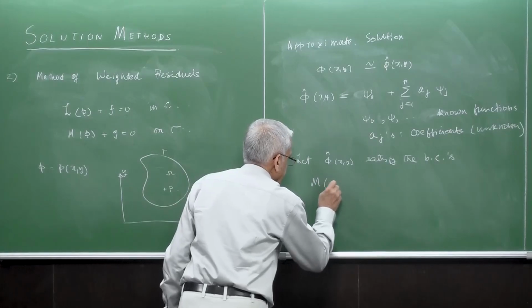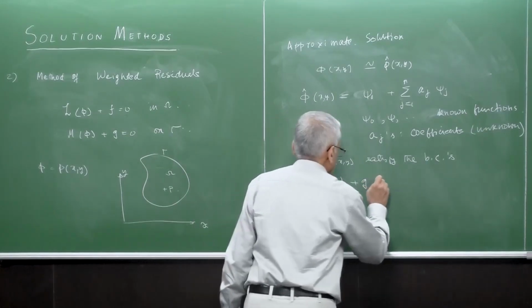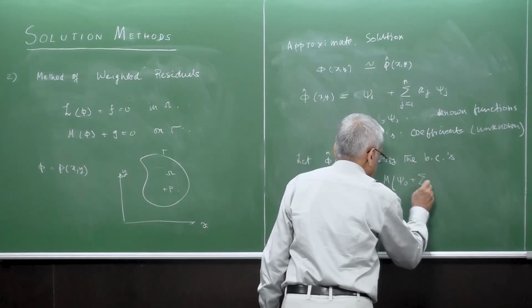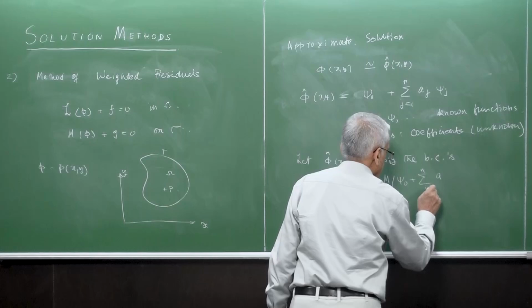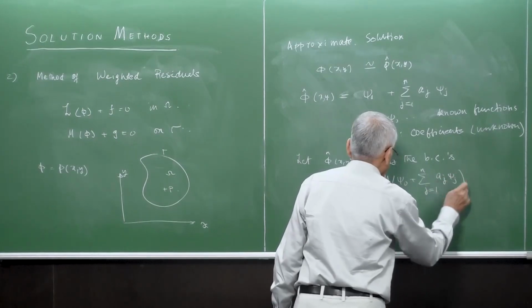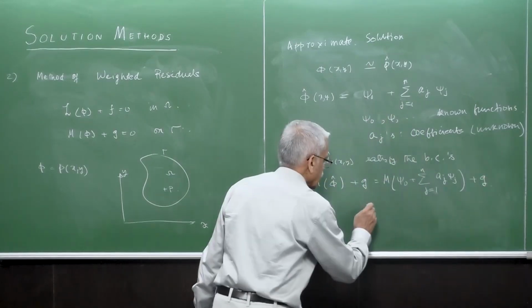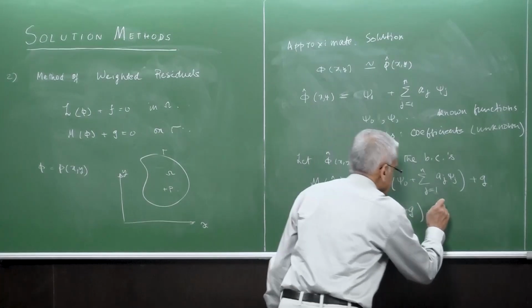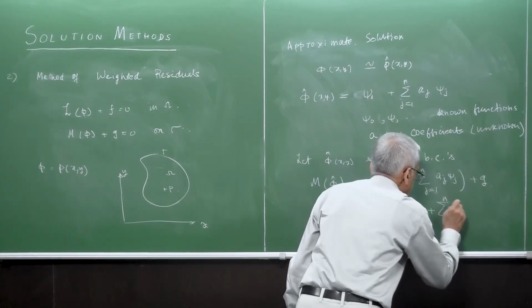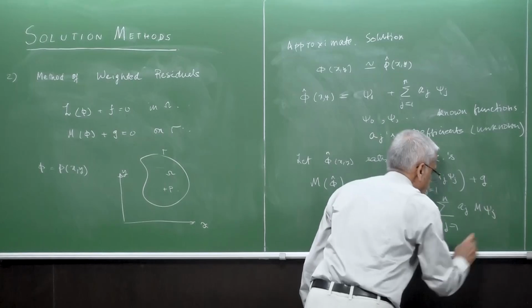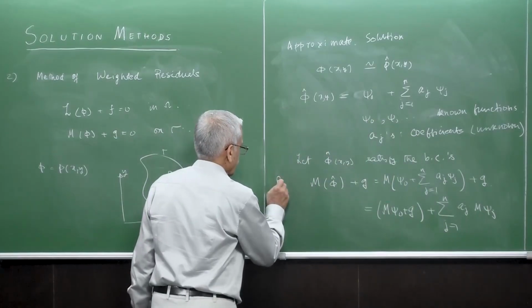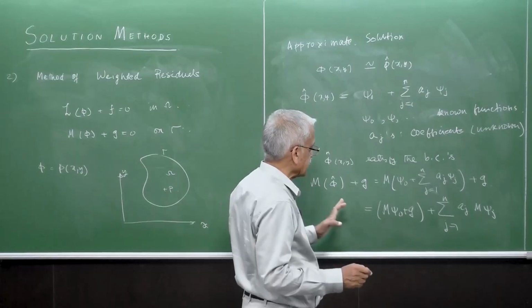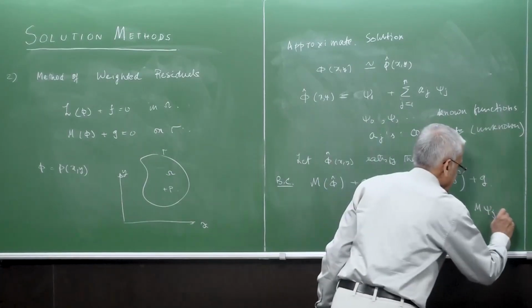That means that if phi hat is going to satisfy it, then M times phi hat plus g, which we write as M operating on psi naught plus the sum of aj times M psi j, is the boundary condition, and this set psi naught and psi j should be chosen in such a manner that this condition is satisfied.